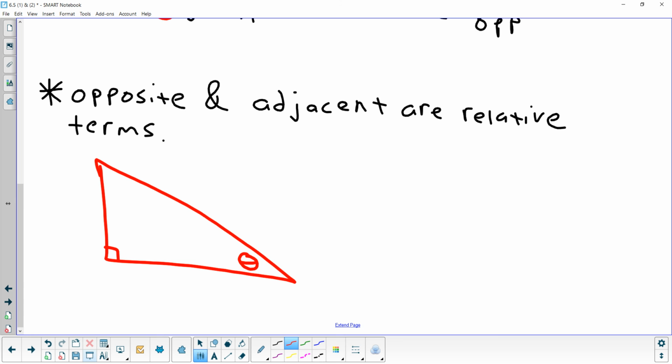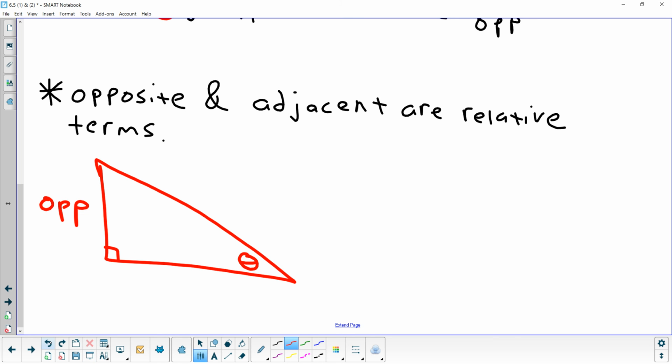So imagine you're standing at theta. Everything is now from the perspective of theta. So opposite is the side that is farthest away. It's the side that if you erased it, it has nothing to do with this angle at all. This angle is still right there.